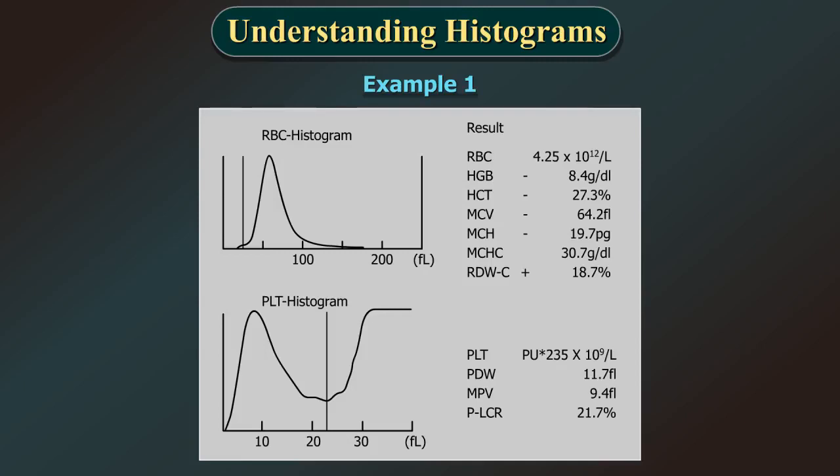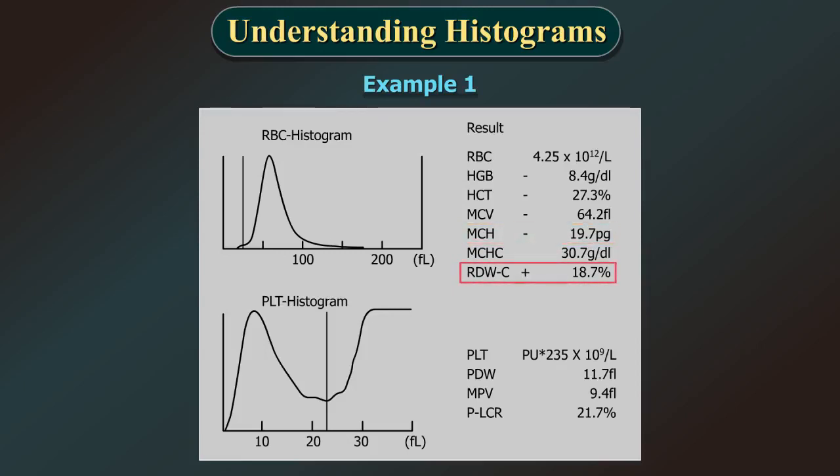First, let us examine the numerical values, which are showing low hemoglobin of 8.4 grams per deciliter and low hematocrit of 27.3%, indicated by a minus sign. It also shows a low MCV at 64.2 FL and low MCH at 19.7 pg, again indicated by a minus sign, indicative of microcytosis and hypochromia.